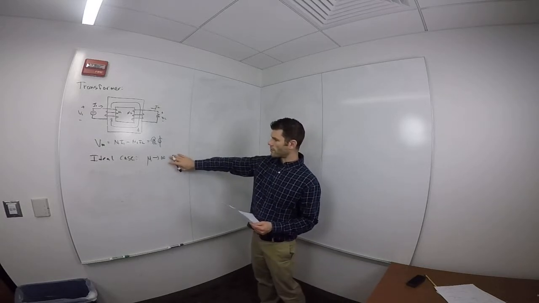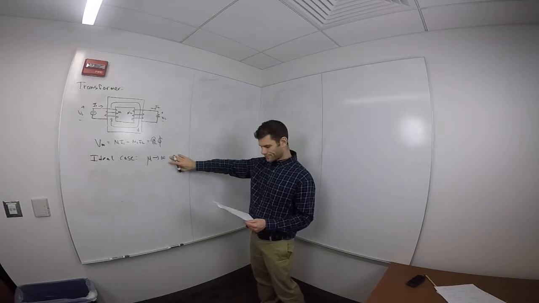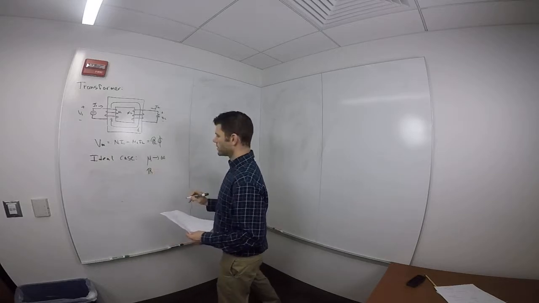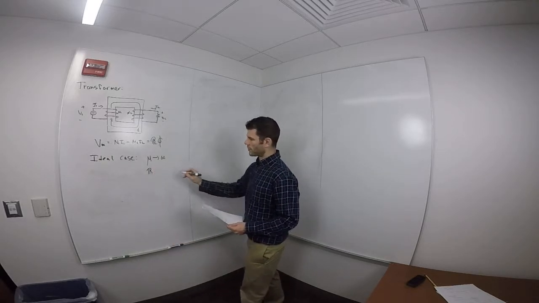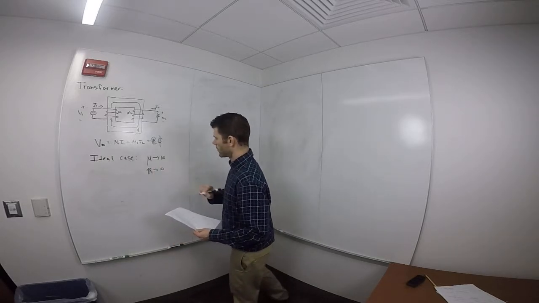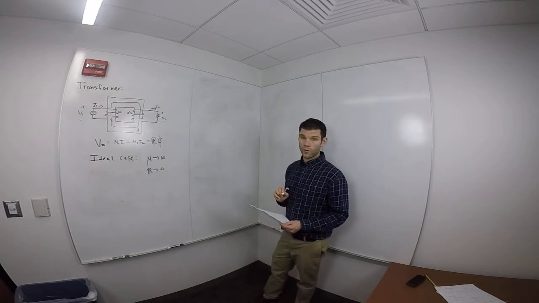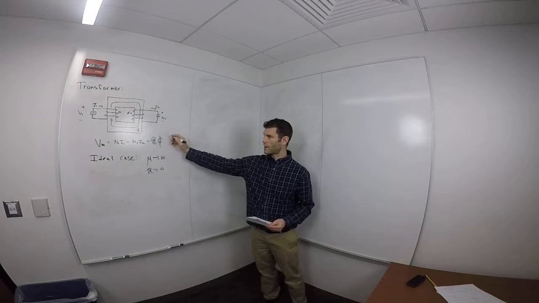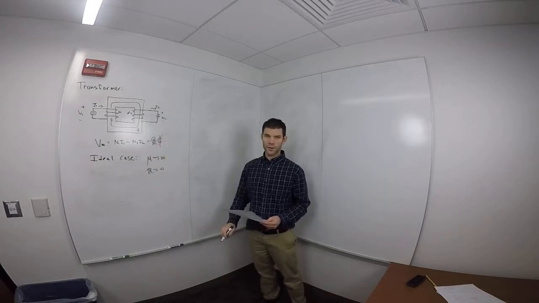Okay, so if the permeability here goes to infinity, this means that the reluctance of the core, which is inversely proportional to the permeability, is going to go to 0, right? So that means we're going to have no reluctance, right? If we have no reluctance, that means this term right here is going to be equal to 0, right?